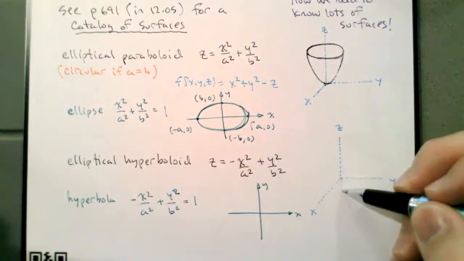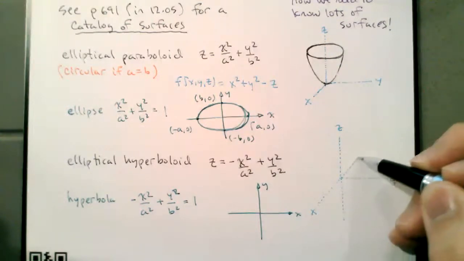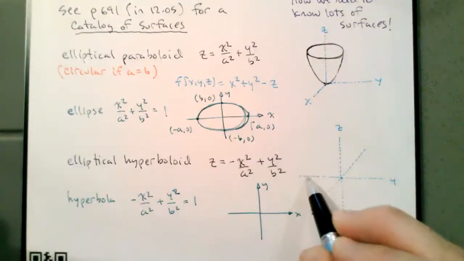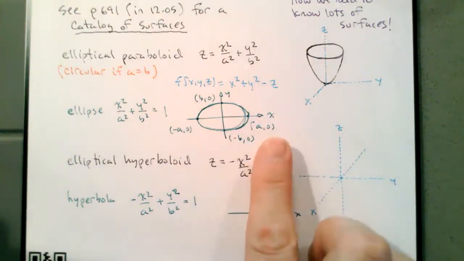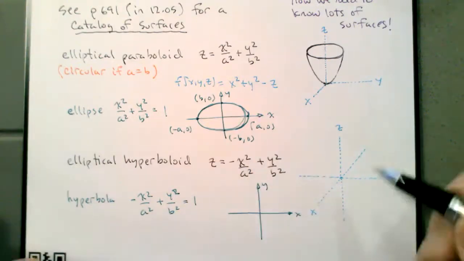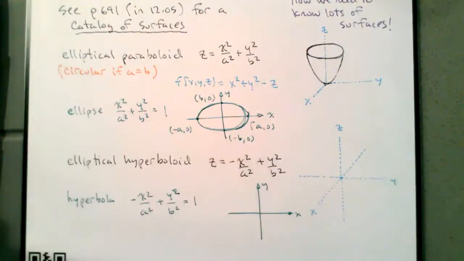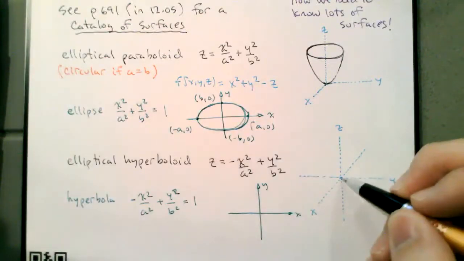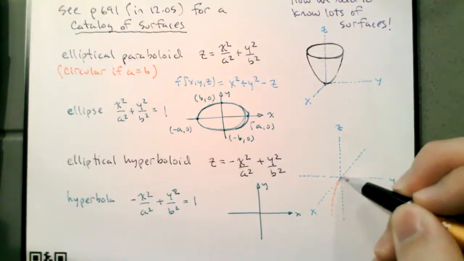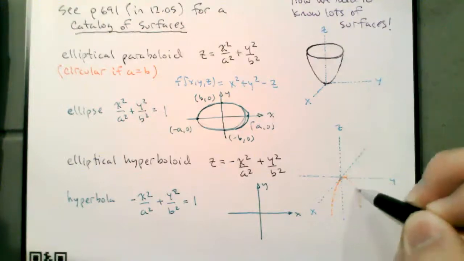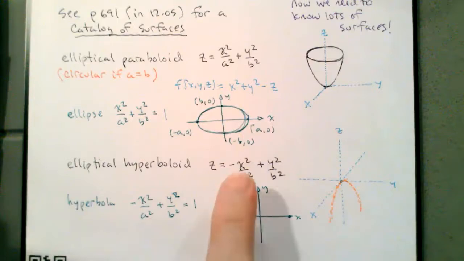I also need some negative z. So if I pick a fixed value of y, I'm going to get z equal to minus x squared. I need parabolas where z is a function of x. So instead of just parabolas going up, I need a parabola going down in the x direction. But if I fix the value of x, the parabolas are going up in the y direction.